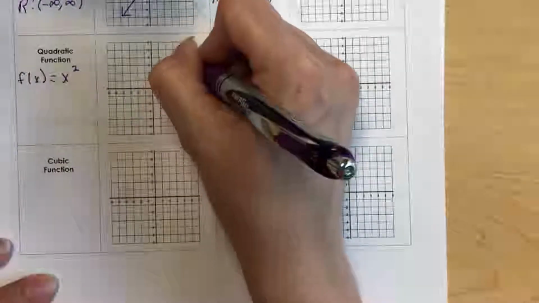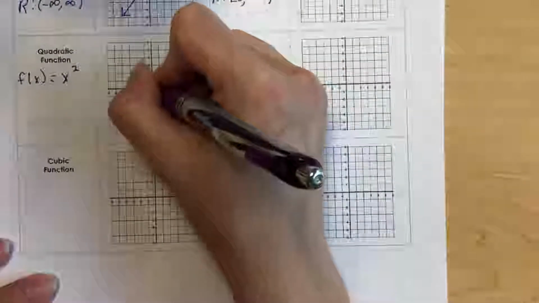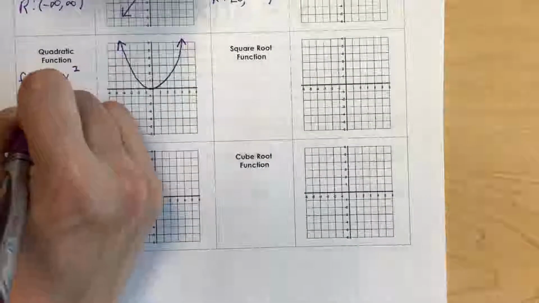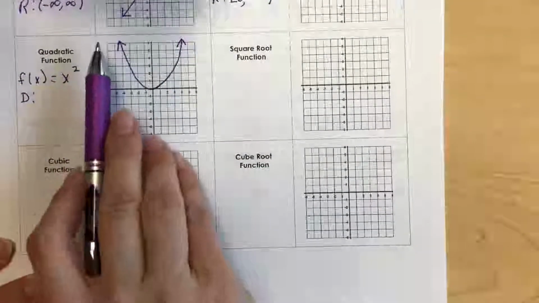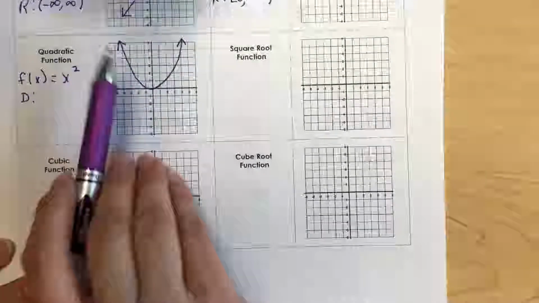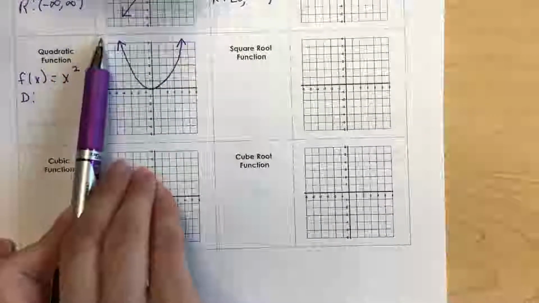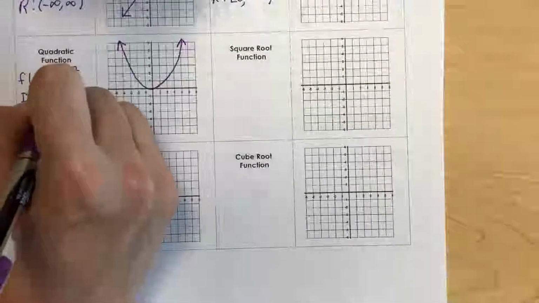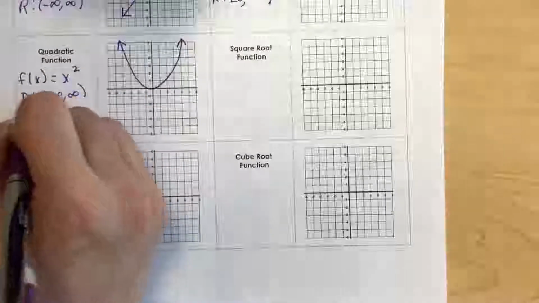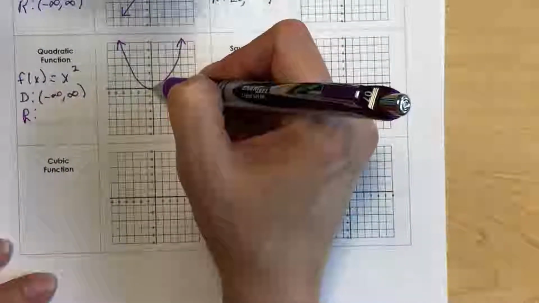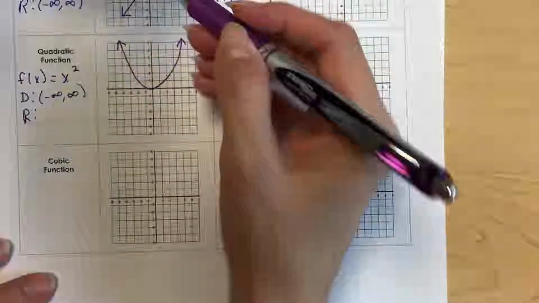So it's going to look like this on one side and this on the other side. The domain: x values begin at negative infinity on the left and go to positive infinity on the right. And then my range, my lowest point is at the origin, so y equals 0 all the way to positive infinity.